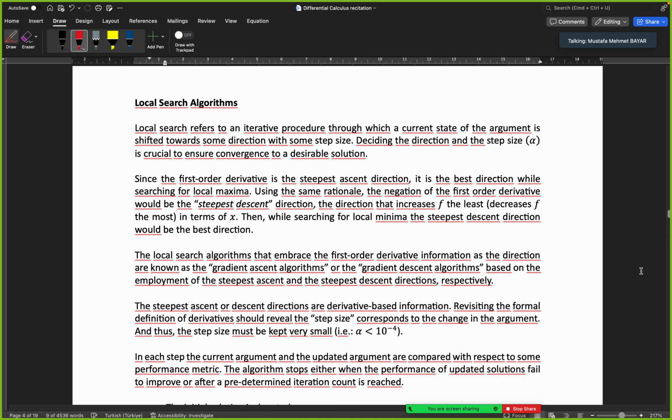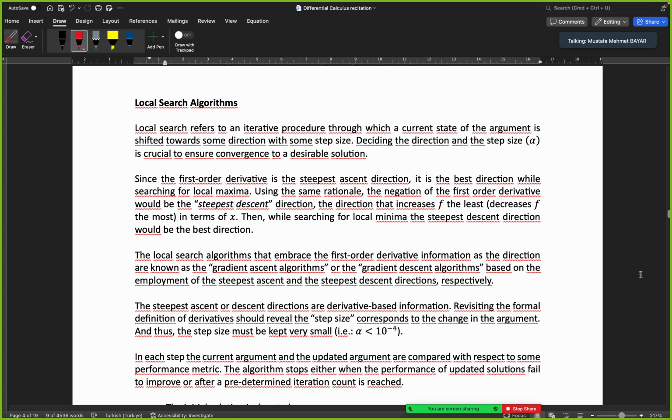But we have one other option. Instead of using the calculus-based approaches, you may also use the local search algorithms, which is, within the domain, you just pick some initial solution. It doesn't have to be good, it doesn't have to be bad, just a random one.